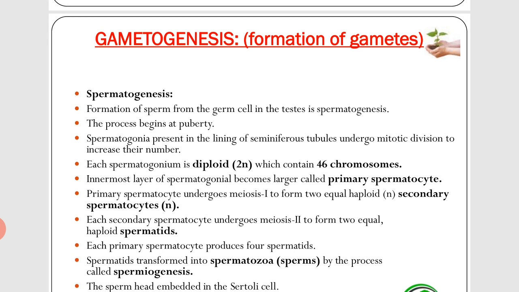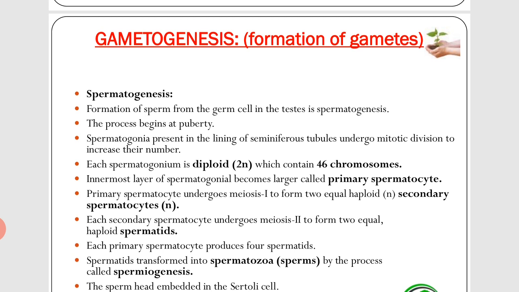Secondary spermatocytes are haploid because meiosis 1 has occurred, and meiosis 1 is nothing but the reductional cell division. Remember that. Now secondary spermatocytes are ready. Each secondary spermatocyte will undergo meiosis 2 to form two equal haploid spermatids.